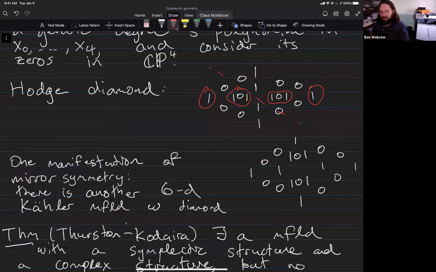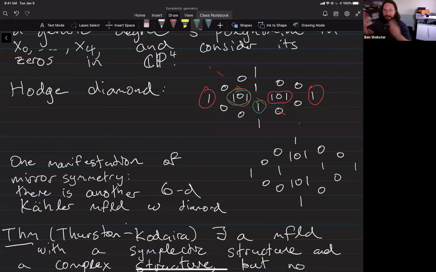In this 3-dimensional case, or complex threefold case, so it's actually 6-dimensional, this H11, that's where the Kähler class lives. So a class in there controls the symplectic structure. On the other hand, you can think of a class in here as controlling a deformation of complex structure, right? Choosing all the different ways of choosing these polynomials.